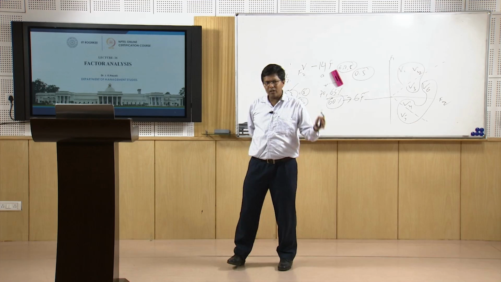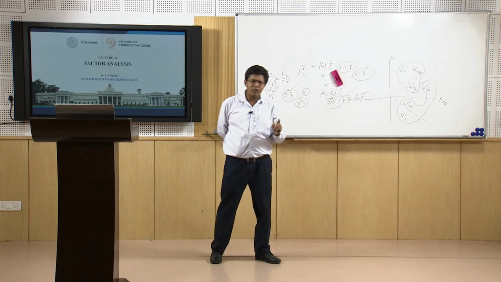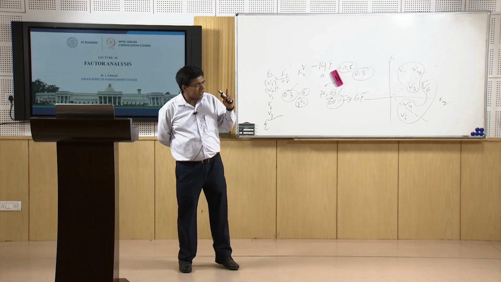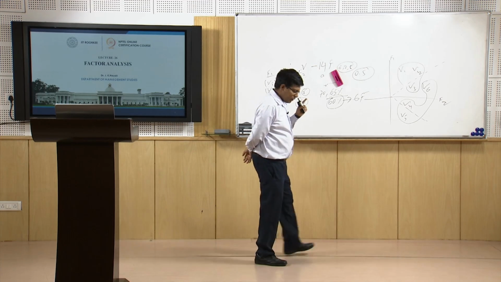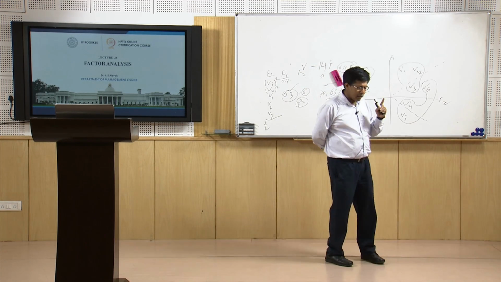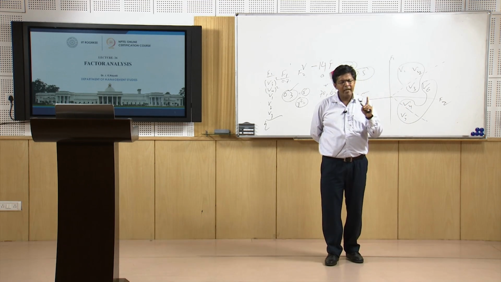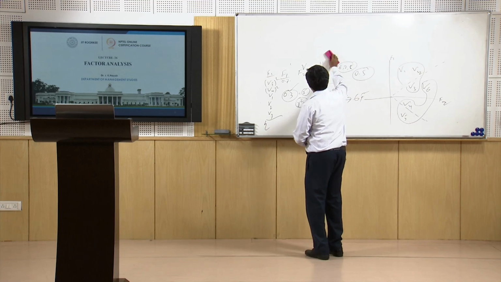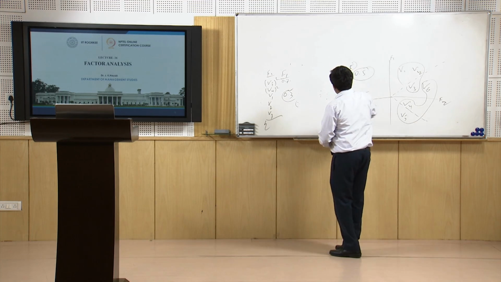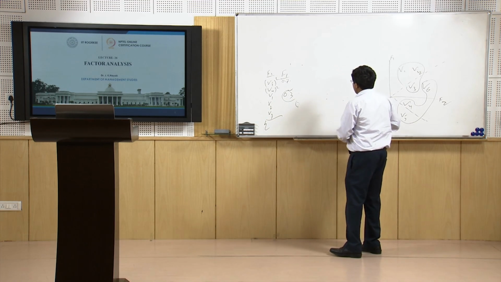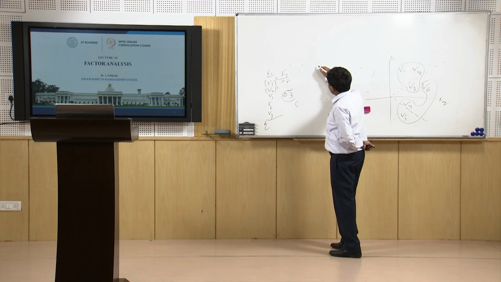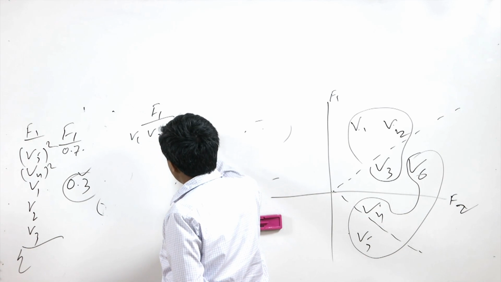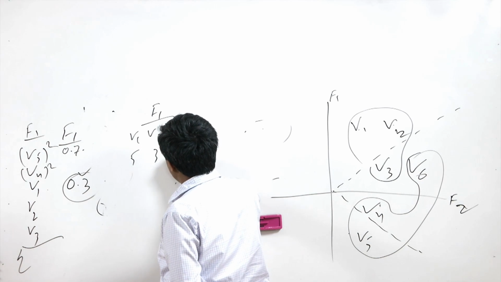In the last session I told you about two things: one is called a factor score, and the other is called a summated scale. A summated scale is nothing but the average of those variables across a particular respondent, for a particular factor. What do I mean by this? Let us say this is factor 1, which has V1, V2, V3, V4, with values 5, 3, 4, 4.